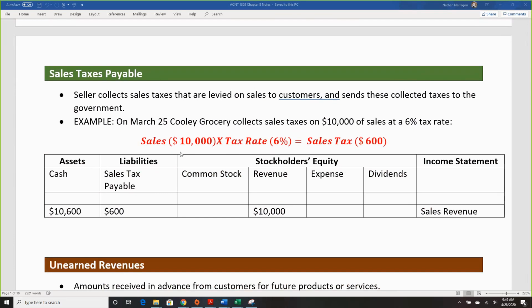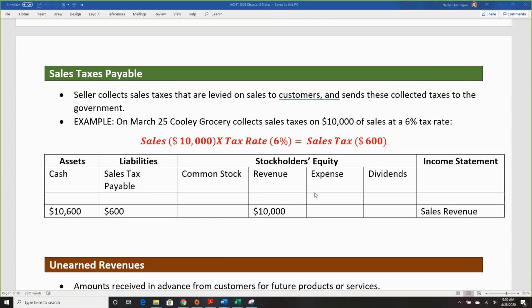We take the sales, 10 grand, times the tax rate of 6%, to show that we're going to have a sales tax of $600. As we all know, when we pay money to these companies, we pay them for the sales and the tax, so they receive all that in cash.